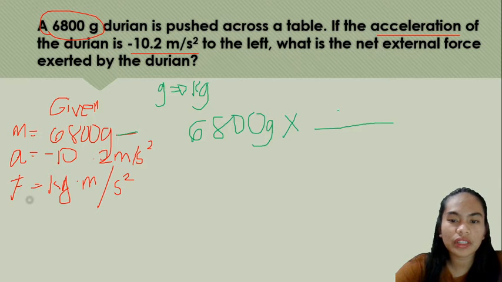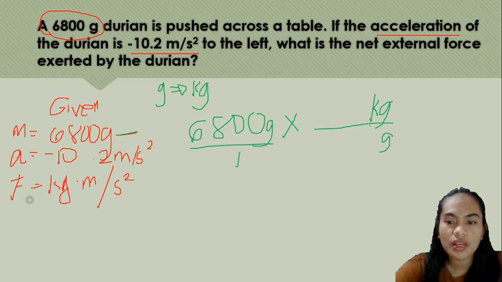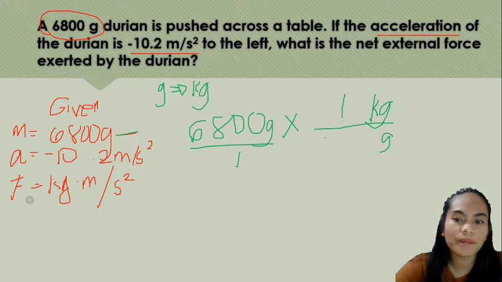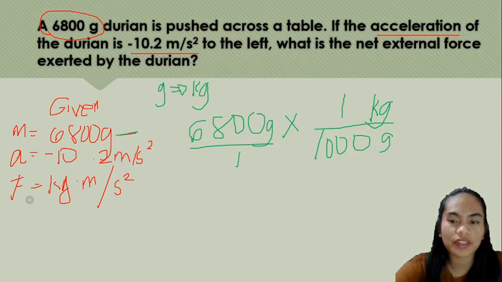Since grams is on the numerator, we have to write grams on the denominator, and then you write kilograms here. In every 1 kilogram, how many grams are there? We have 1,000 grams. Very good.